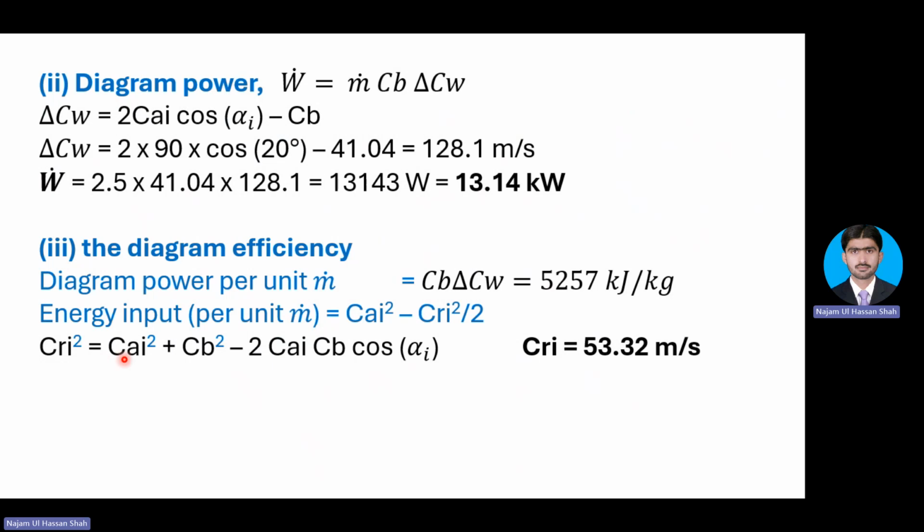CRI square is equal to CAI square plus CB square minus 2 CAI CB cos alpha I. So after solving, we will obtain CRI equal to 53.32 meter per second. If we substitute this value in the formula for energy input, we obtain 6679 joule per kilogram.